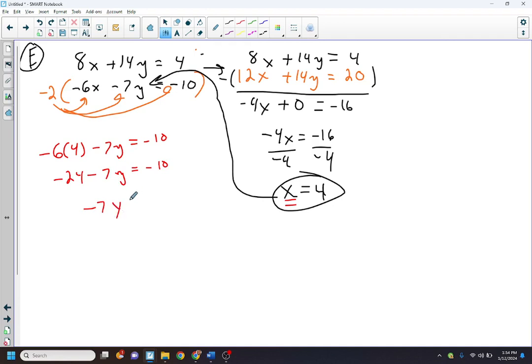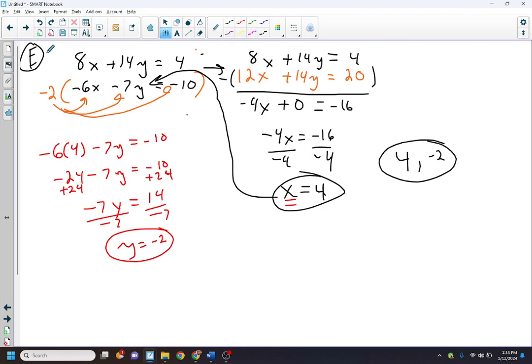Negative 7y, add 24 to both sides, is 14. Divided by negative 7, divided by negative 7, y equals negative 2. 4 comma negative 2. Okay.